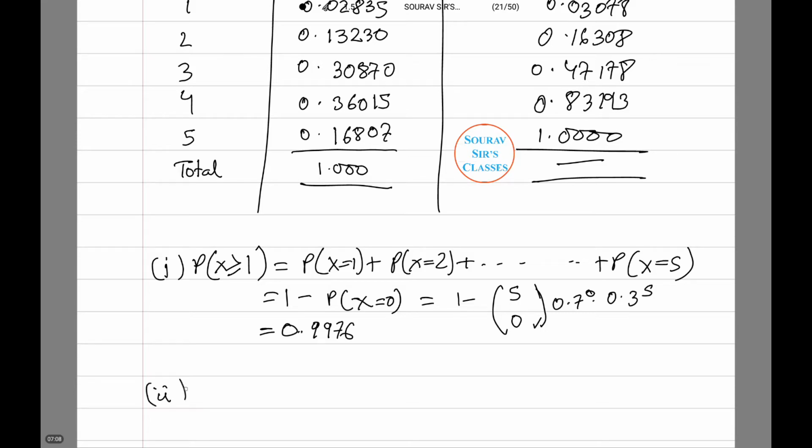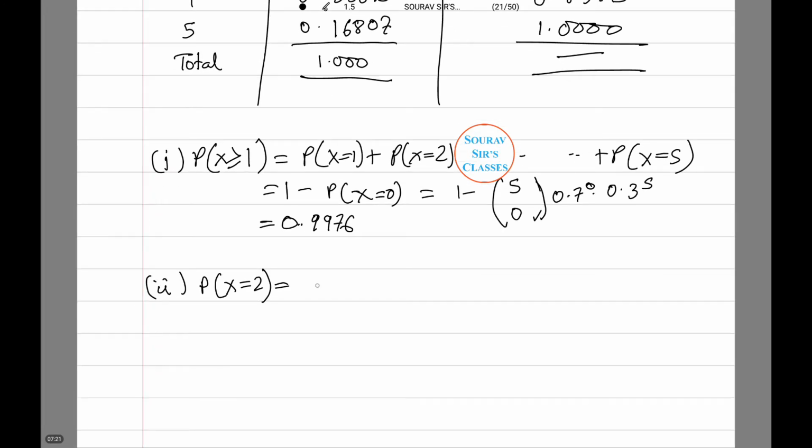Now we find the probability that he will hit the target exactly twice, that is probability X equals 2, which equals 5C2 into 0.7 to the power 2 into 0.3 to the power 3, which equals 0.1323.